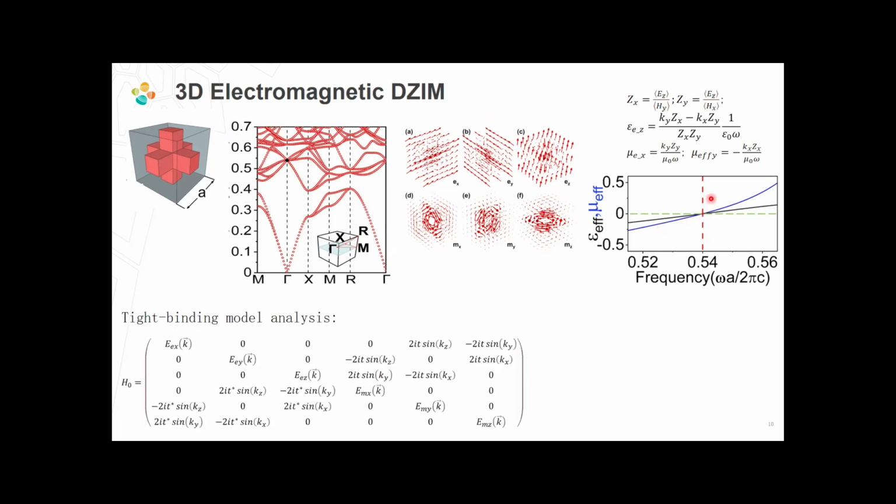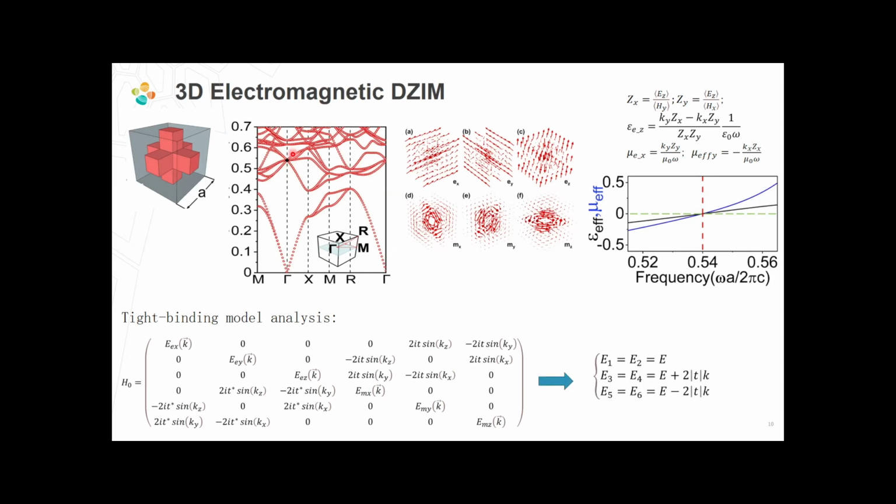And we also perform this tight binding model analysis, trying to study the slopes near the degenerate point, or near this zero index frequency. We want to see if we have a crossing and a flat band. But these 6 modes, we want to understand how they approach each other.